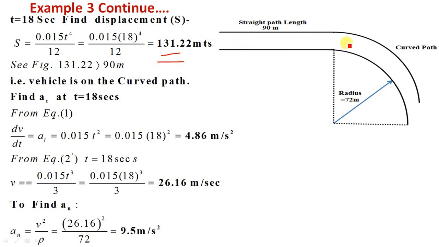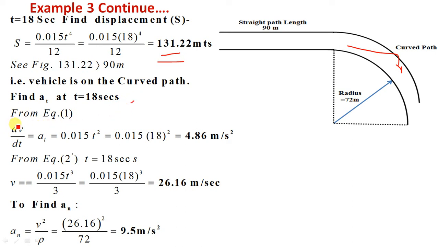So it indicates that it enters into this curved path. So this problem is not of rectilinear motion, this problem is of curvilinear motion now. As 131.22 is greater than the straight length, the vehicle is on the curved path. Now find a_t at t equal to 18 seconds.